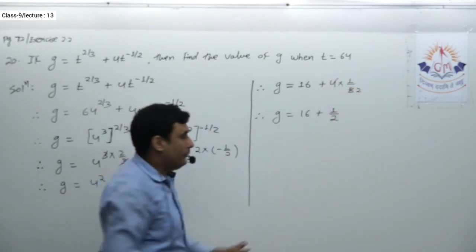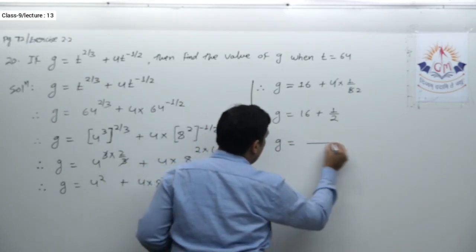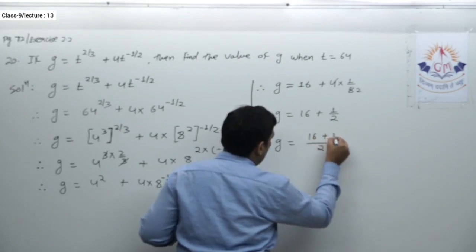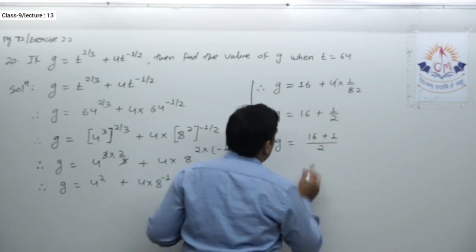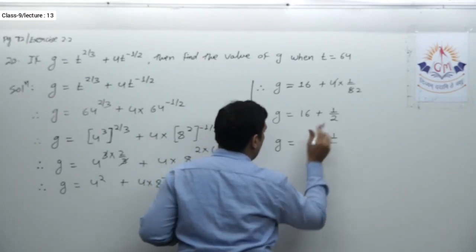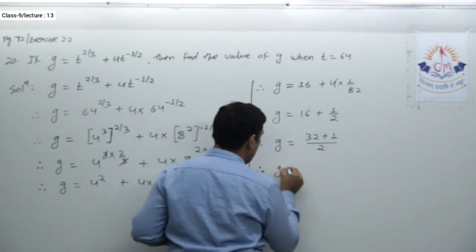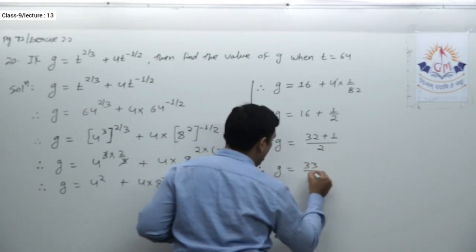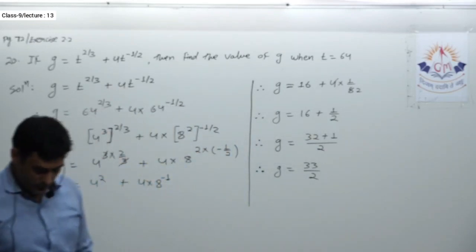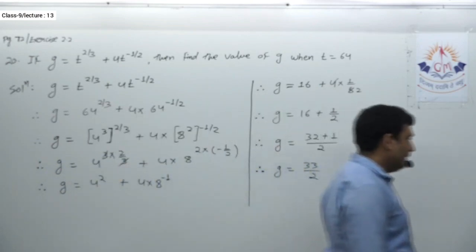Now over here I have to take LCM, so I can write g is equal to, if I take 2 as the LCM, so here I will get 32 plus 1. So finally here I will get g is equal to 33 by 2. So this is my final answer. Okay, so please note it down, then we'll see the next question.